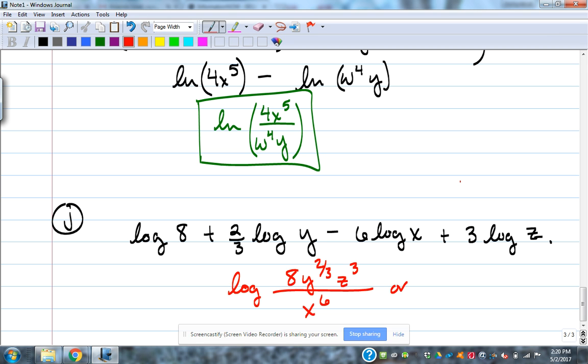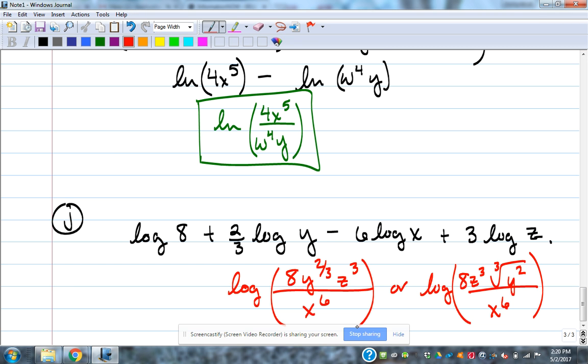It could be written in a different way. You could write it log of 8 z to the 3rd cubed root of y squared over x to the 6th. Understand that these two are the same way. I would take it either way on the quiz. I don't care which way you write it.